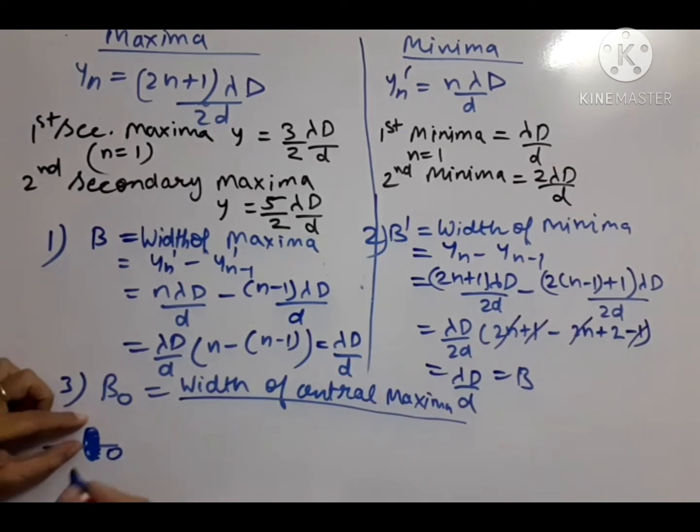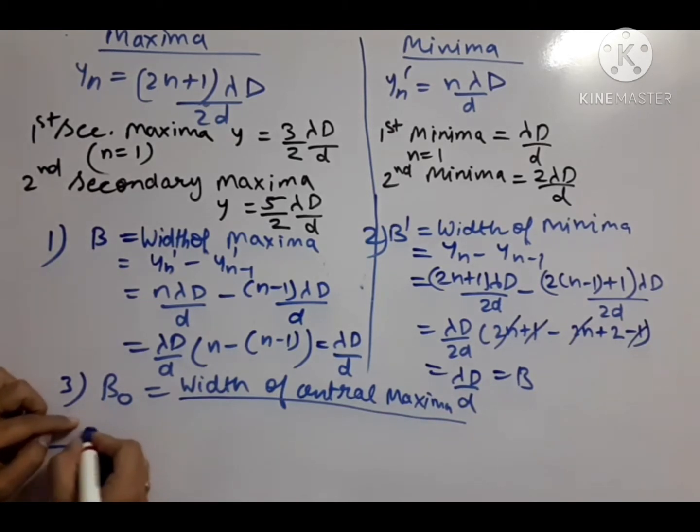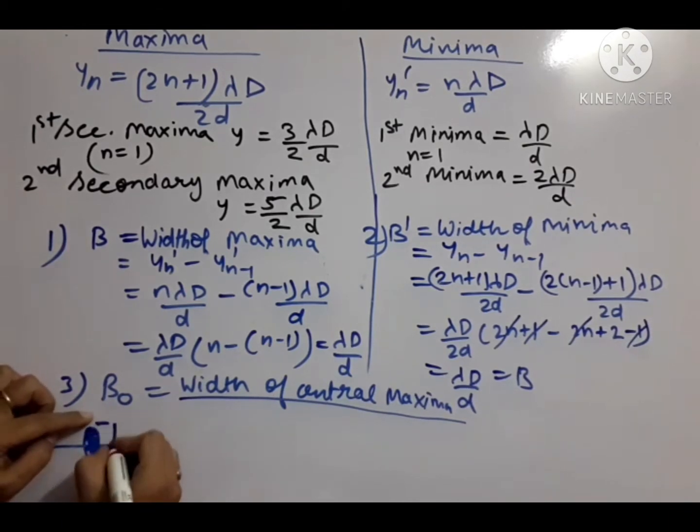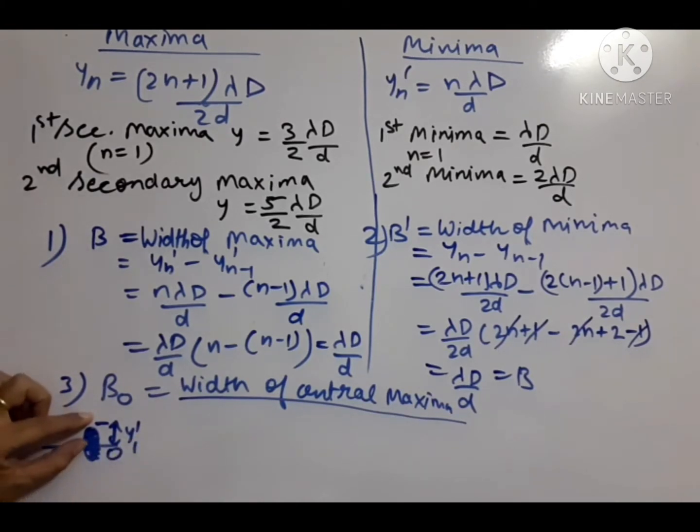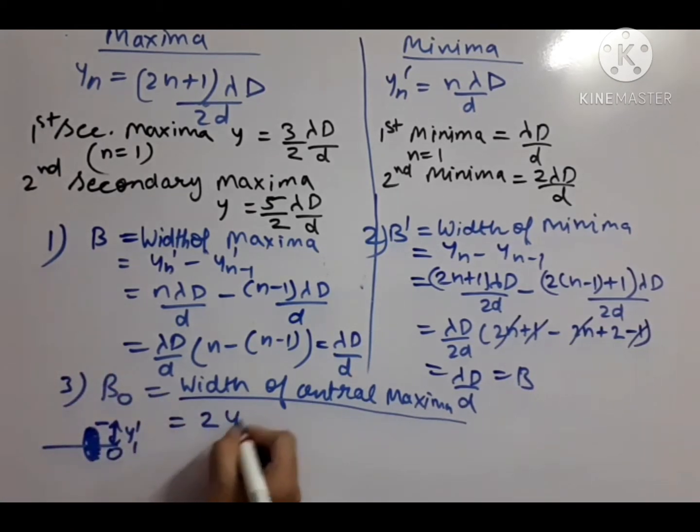You can see it is half above the center of the screen, half below the center of the screen. So where the central maxima is ending, there the first minima is starting. What is the displacement of first minima from the center? That we have to just double so that beta 0 will be calculated. So I have to just do double of y1 dash.